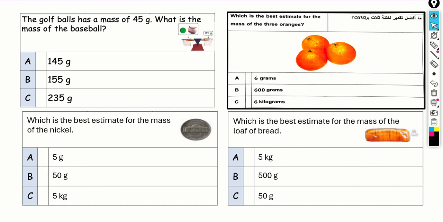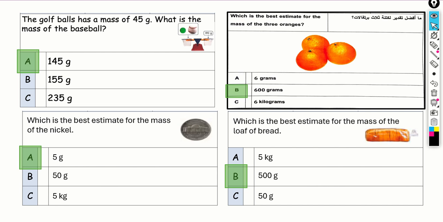Now these are also the same type of questions, so I'm going to skip this. Just pause the video and see if you are on the right track. So what's your answer? Are you getting A? Now the second question, did you get B? For the third one, did you get A? And the last one is B again.